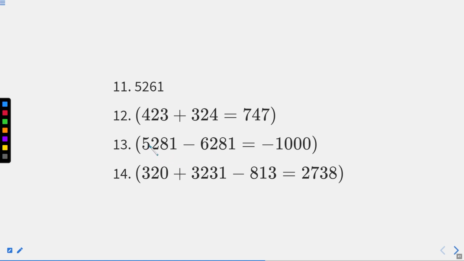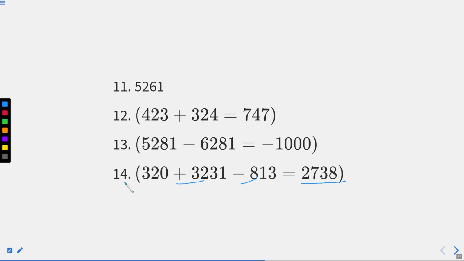If we are subtracting by putting their values in question number 13, we are getting minus 1000. And if we are using the place values that we have calculated here in the 14th question, by using simple mathematical operations of plus and minus, we are getting 2738. Right? Now I hope this concept is also clear.